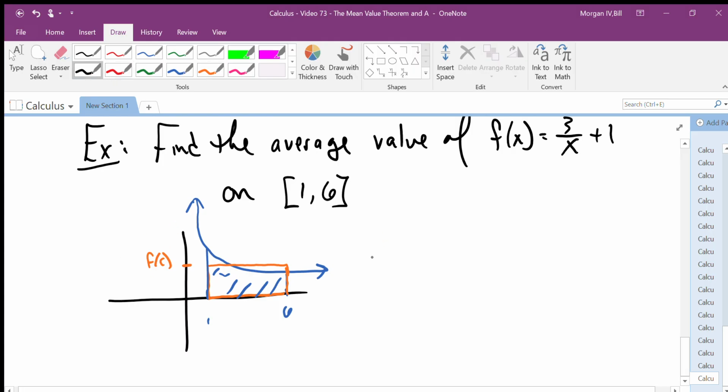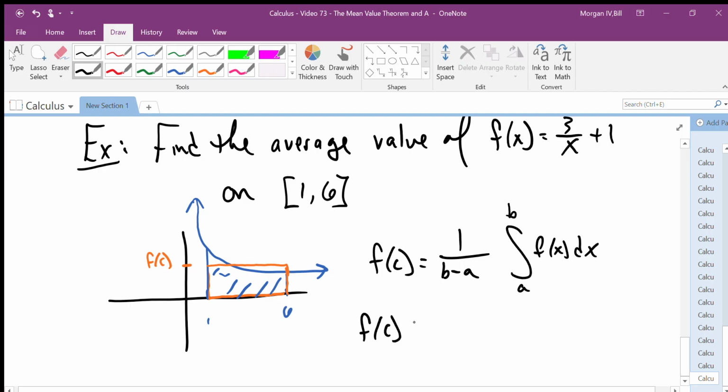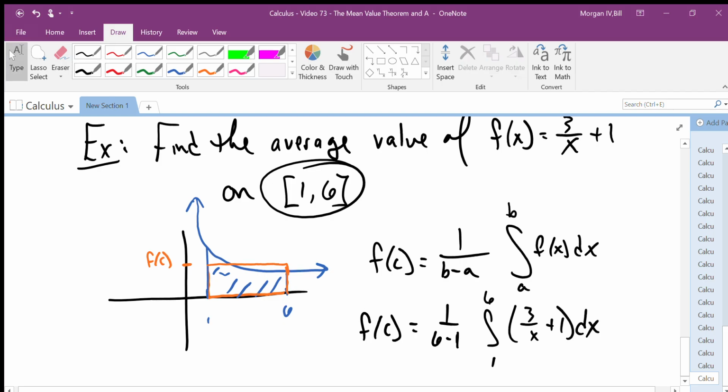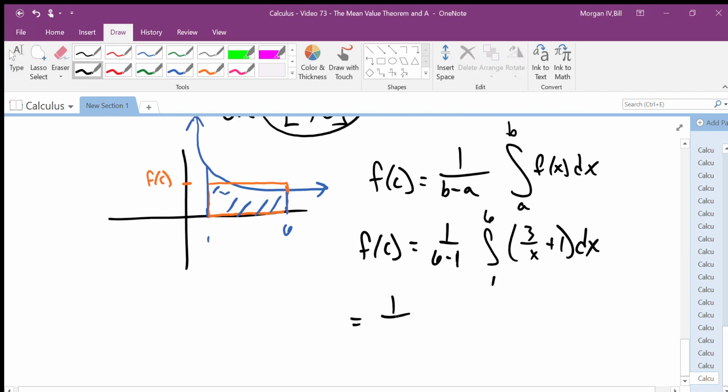Well, f of c is equal to 1 over b minus a times the integral from a to b of f of x dx. That would be f of c is equal to 1 over 6 minus 1, that's b minus a, times the integral from 1 to 6 of 3 over x plus 1 dx. That's 1 over 5 times the integral from 1 to 6, 3 over x plus 1 dx.